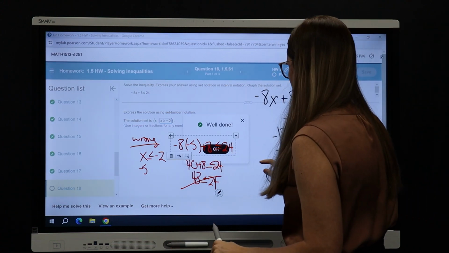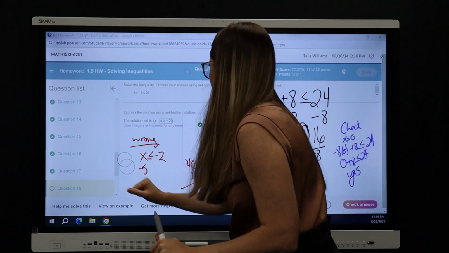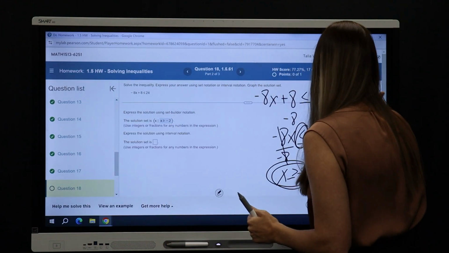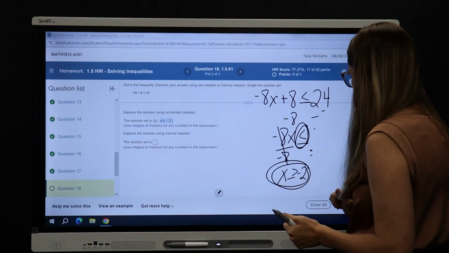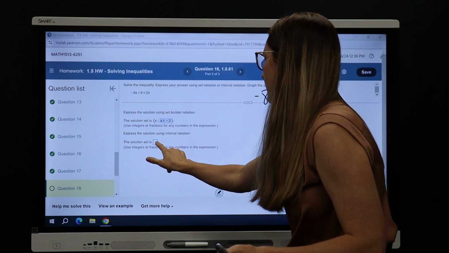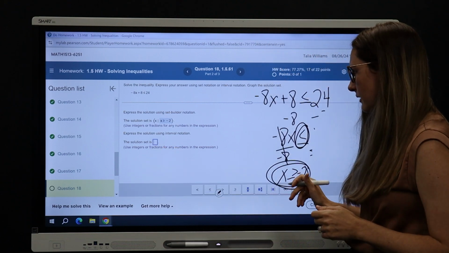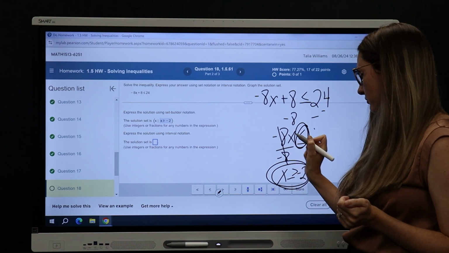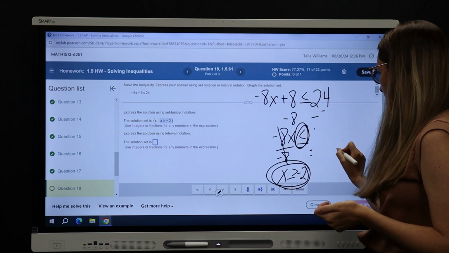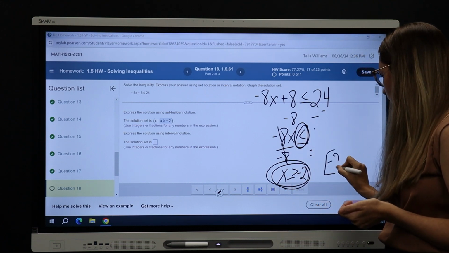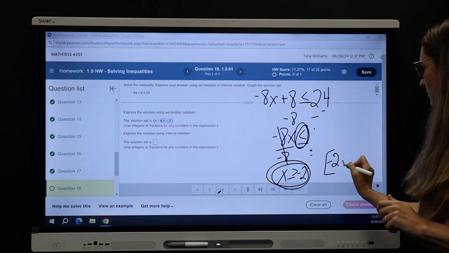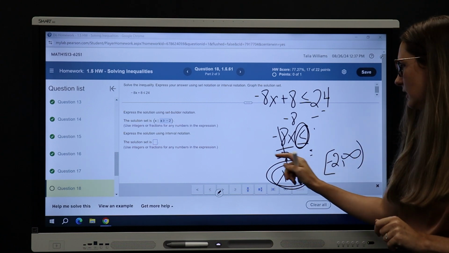Okay, let's get rid of some of this extra stuff so that we can do the rest of it. Okay, the solution set here, in interval notation, we're going to have a bracket because it's equal to, and it's going to go from negative 2 to positive infinity.